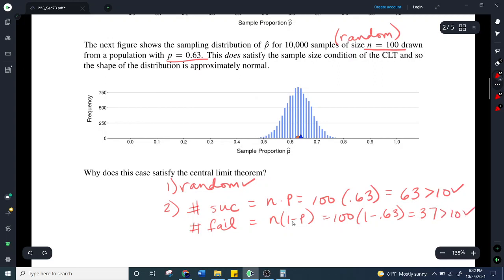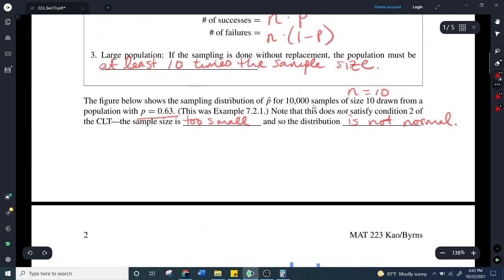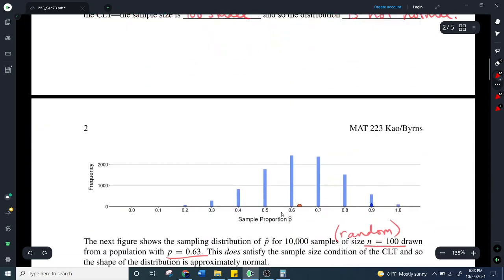And then the population, if you remember, this question came from the number of video game consoles that have been sold worldwide. So of course that's going to be large enough. That population needs to be at least 10 times the sample size.